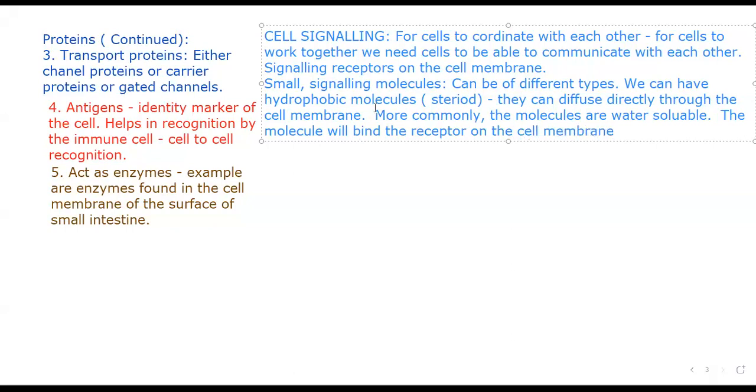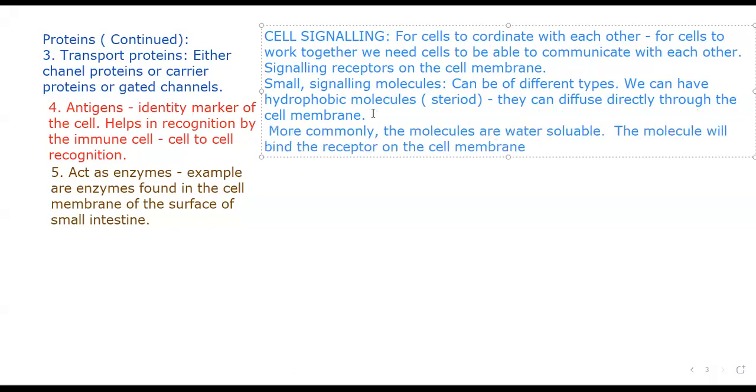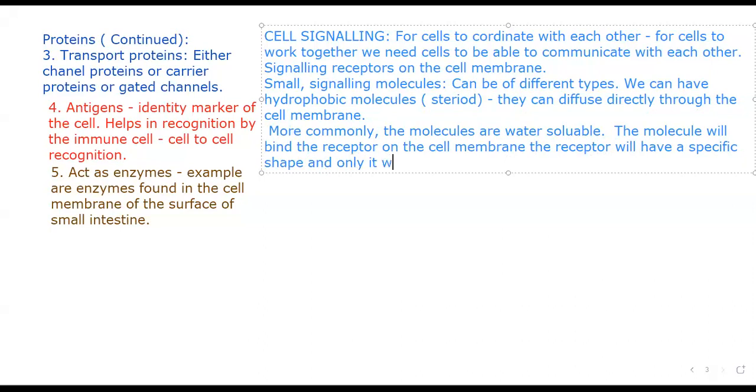So that's the first thing that it will have to do. After binding to the receptor, the receptor will have a specific shape, and it will recognize this molecule. The receptors are shape specific.